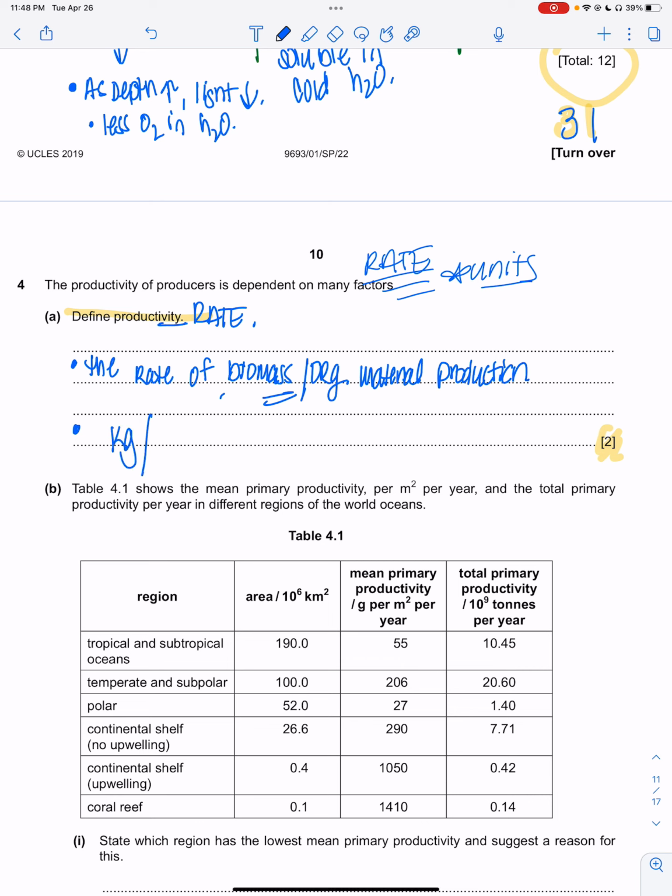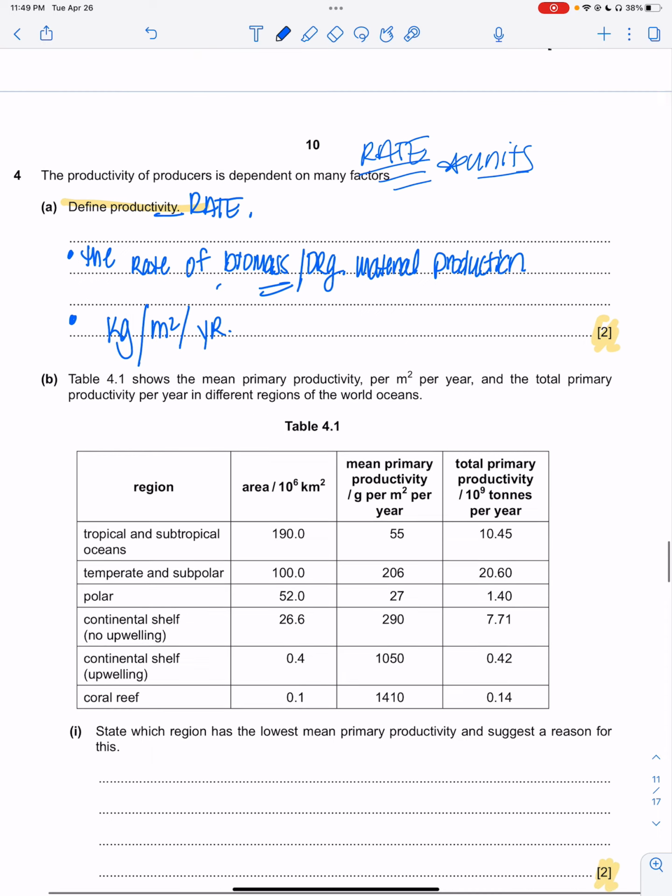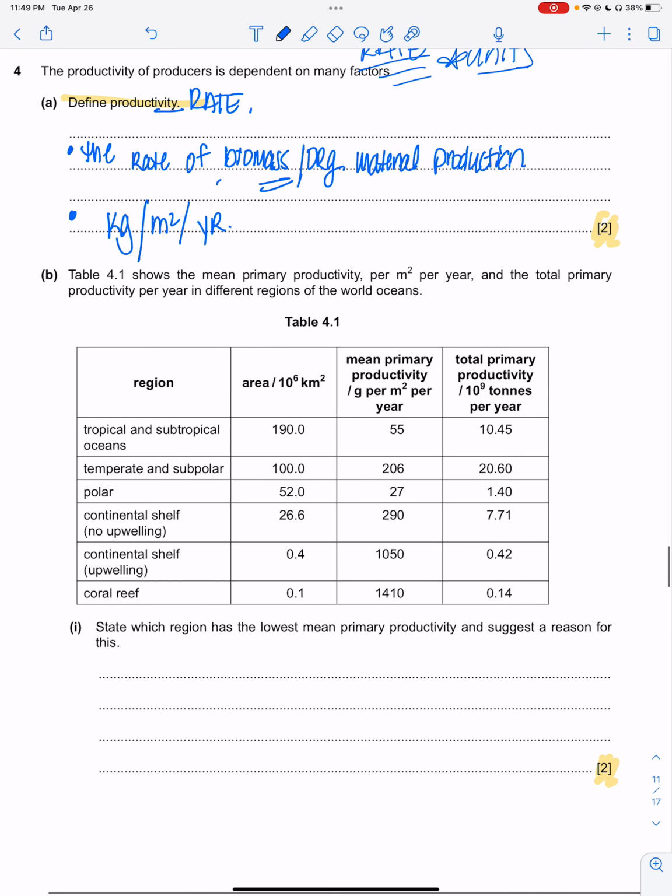And then rate is going to be like a speed, so like distance over time or an amount over time. So this could be like a meter squared over a year. That's typically what it is. Biomass, mass as kilograms, and it's in an area and it's in a year, because then that'll take into account the different seasons. Okay, let me stop there.